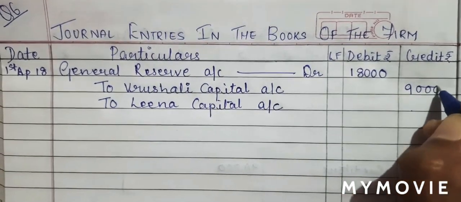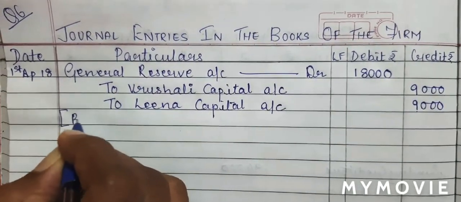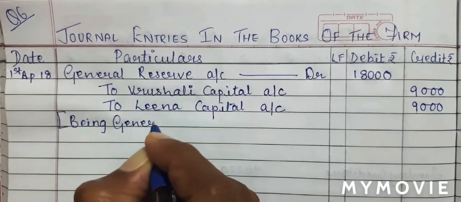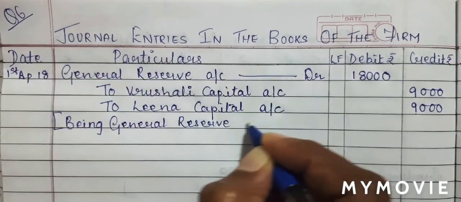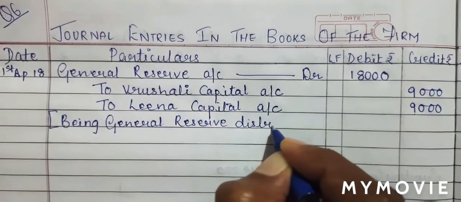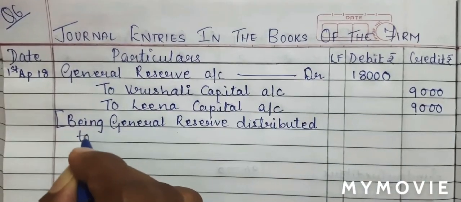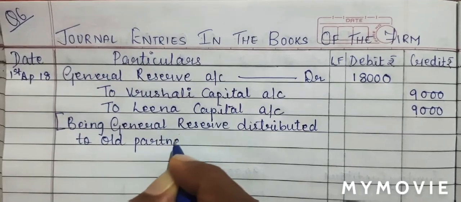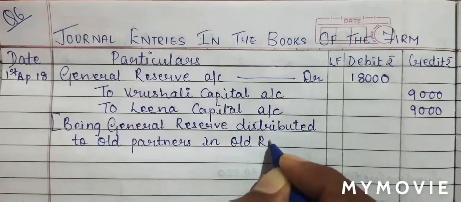So 9,000 each. We'll write the narration being general reserve distributed to old partners in old ratio.